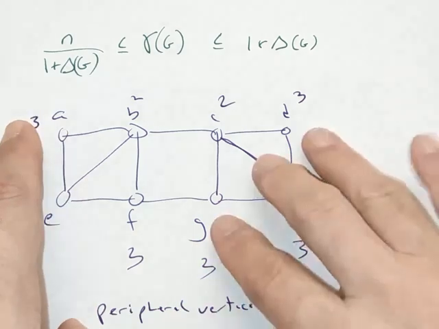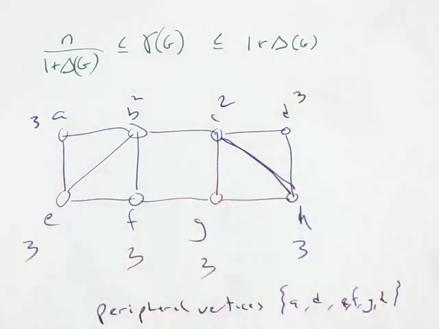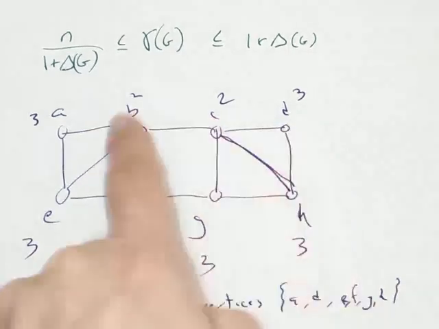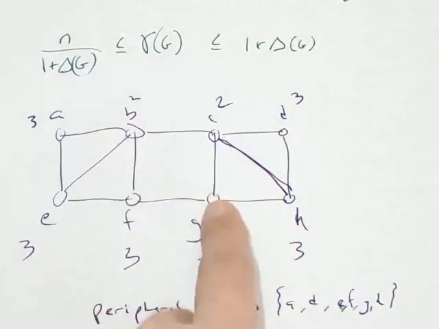So there's no question I can do it for those. Can you find a vertex whose distance from B is 2? 1, 2, 3. All have distance 2.